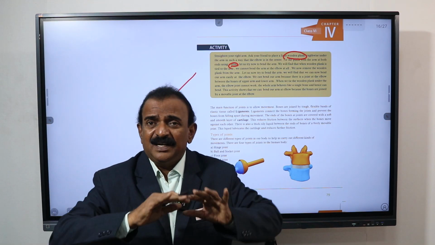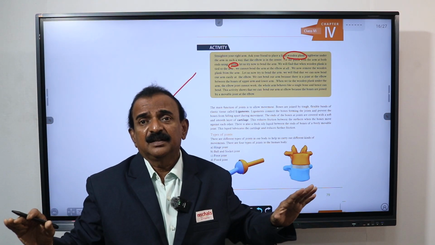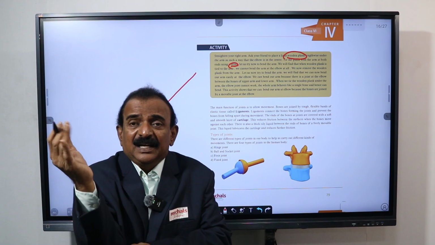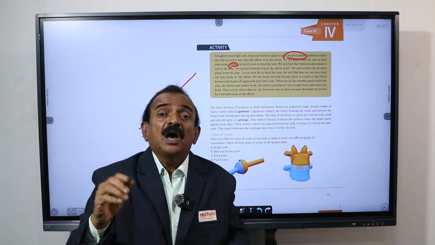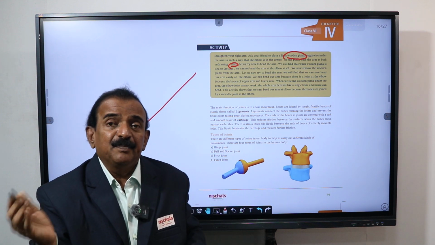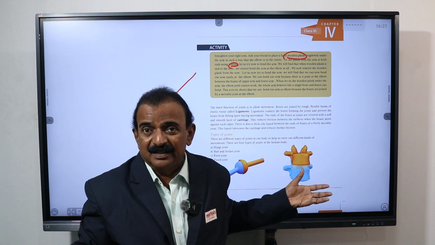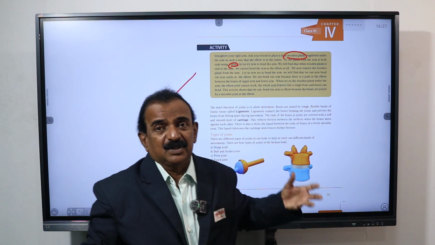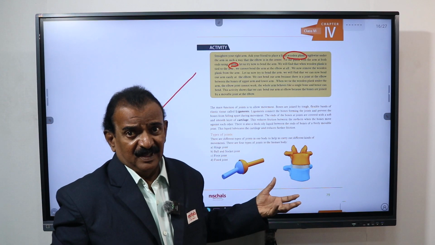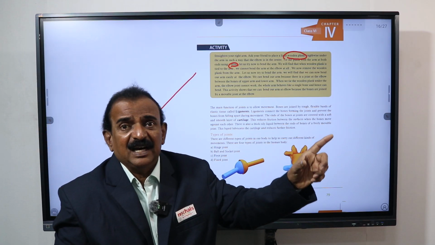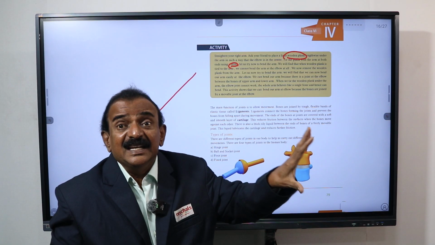In our body there are different types of joints. The first one is called a hinge joint, the second is the ball and socket joint, then the pivot joint, and finally the saddle joint. So there are four types of joints in the body. Here this is a hinge joint. Hinges are there in a door.